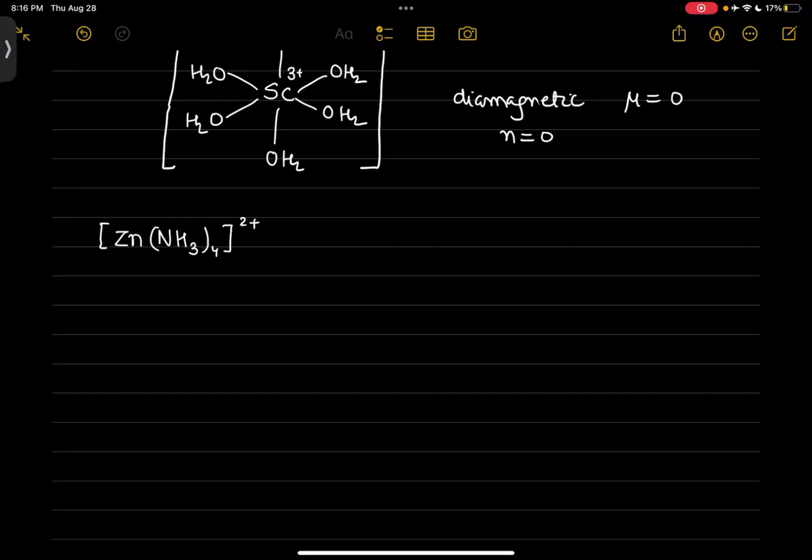NH3 is a strong field ligand. Zinc is the 30th element, okay? And its electronic configuration is argon, 30th element means 4s2 and 3d10, all the d orbitals are completely filled. Okay, this is the zinc.